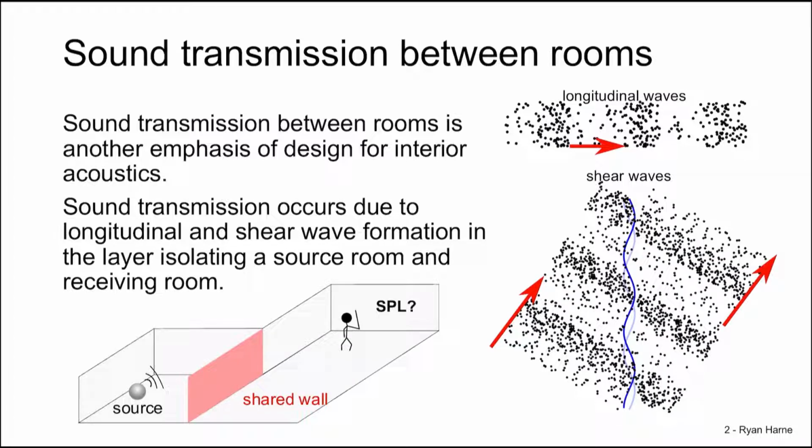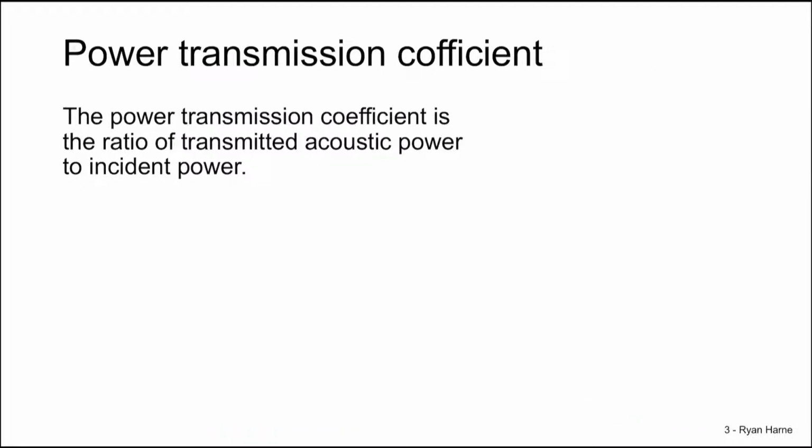So if we have a source in one room, a listener in another, and there's a shared wall in between them, we want to find the sound pressure level. To do so, we need to quantify a power transmission coefficient, and this is equal to the transmitted acoustic power divided by the incident acoustic power. And before, we had determined this for simple material combinations, an interface.